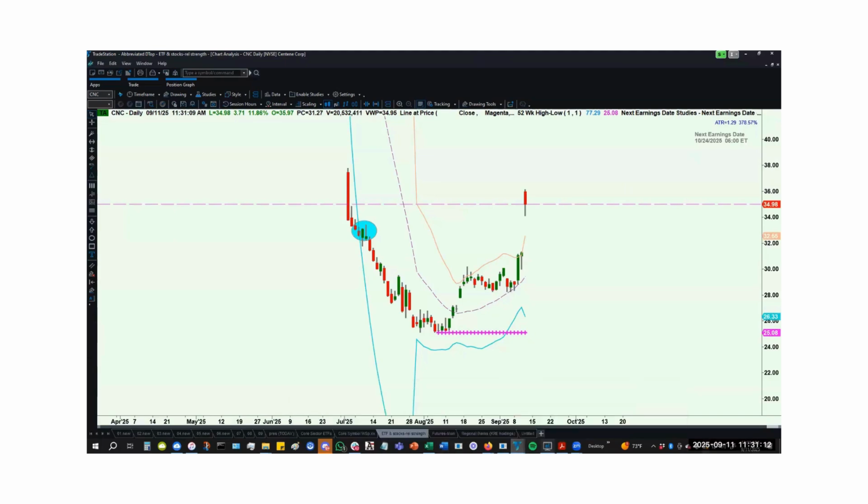I want to show you something about Halliburton here, because I was looking at this and I was talking to one of our fellow traders about it yesterday. And after I marked up the chart and we had our discussion, I realized that there was something really useful that I could highlight and point out for you guys. So let me bring that up here. In fact, let me just bring up the slide that I did yesterday.